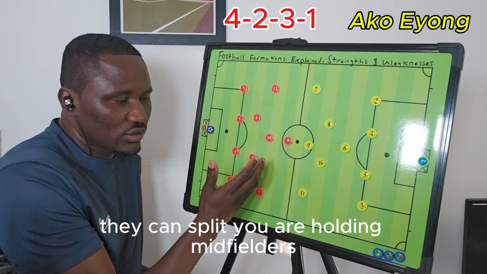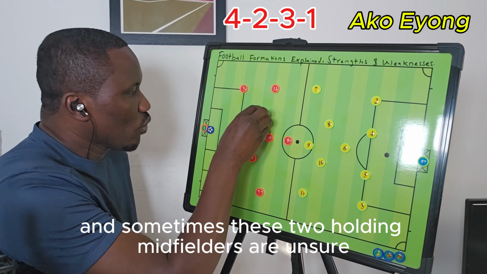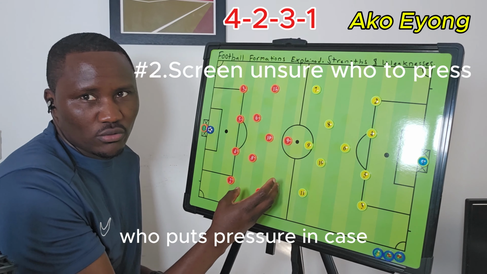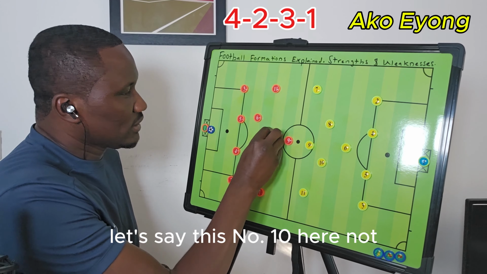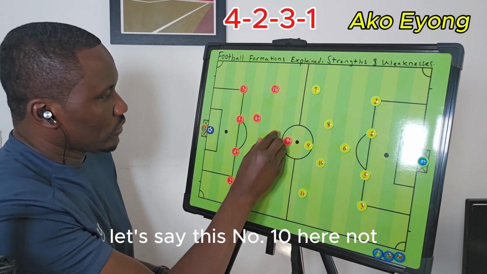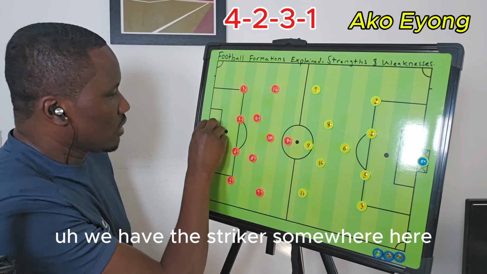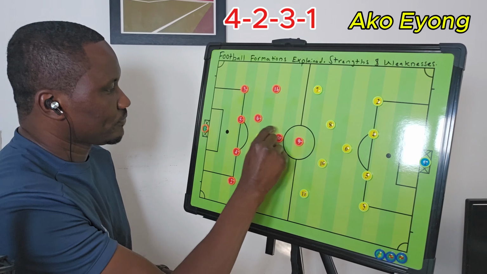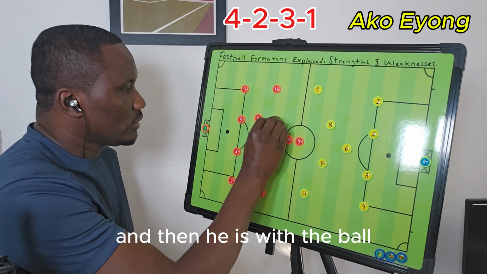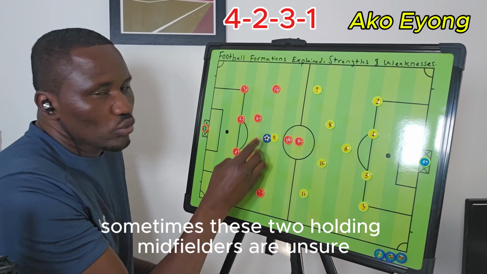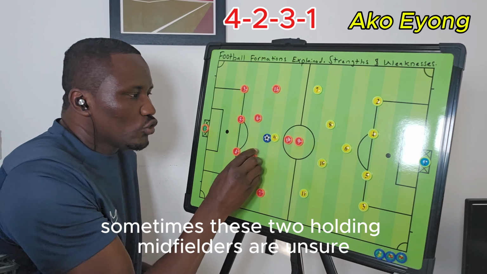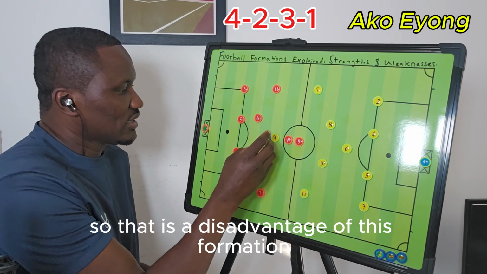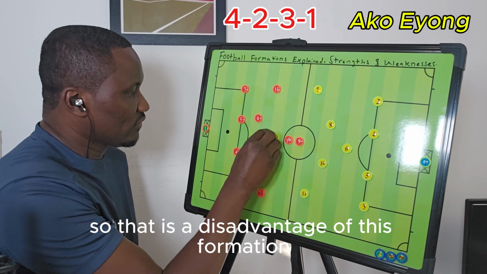They can split your holding midfielders, and sometimes these two holding midfielders are unsure who puts pressure in case, let's say we have the striker somewhere here and he is with the ball. Sometimes these two holding midfielders are unsure who should be putting pressure on that player on the ball.